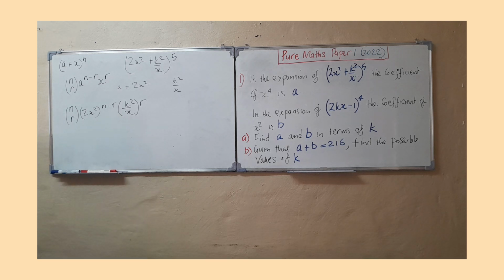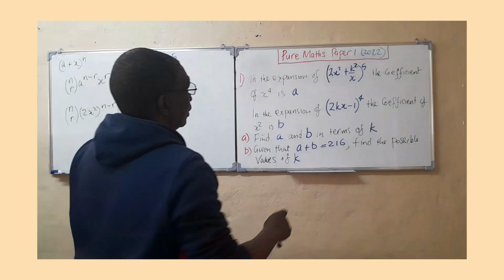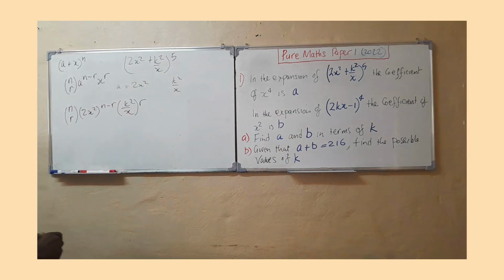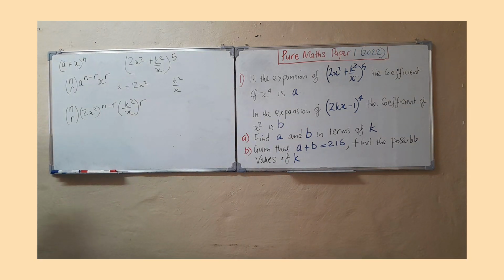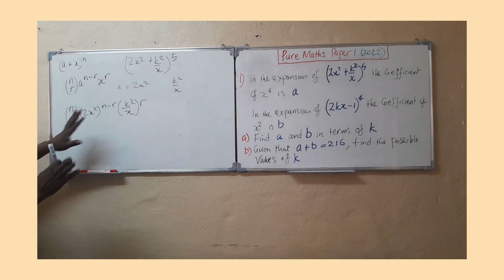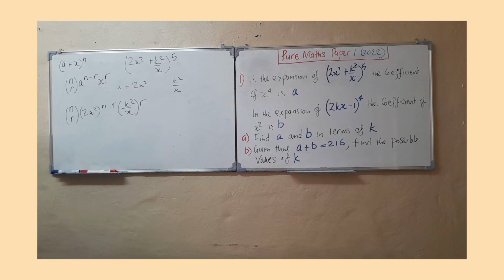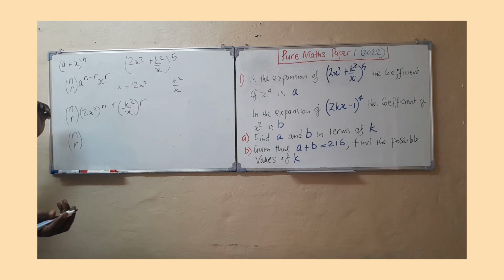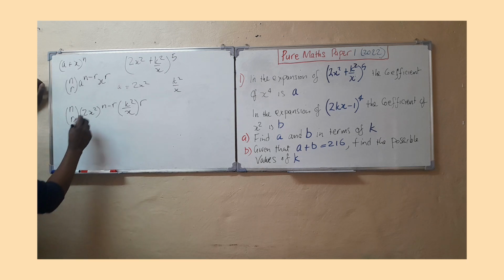Now, the problem is we want the term in x to the power 4. Let's simplify things. So this means that it will be n choose r. We don't know what r is going to be. So let's simplify this.